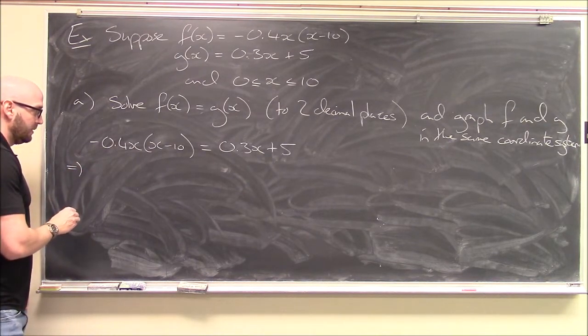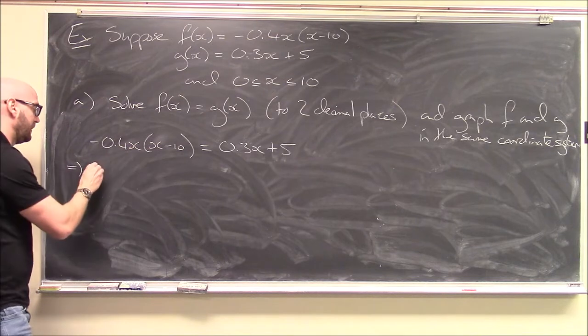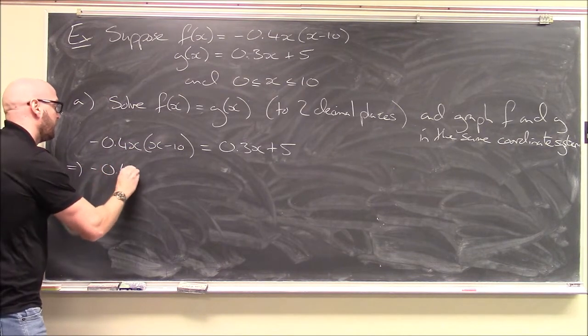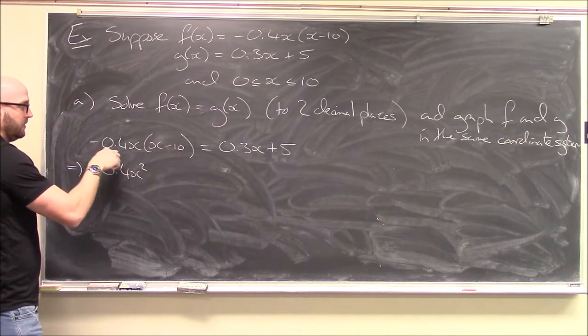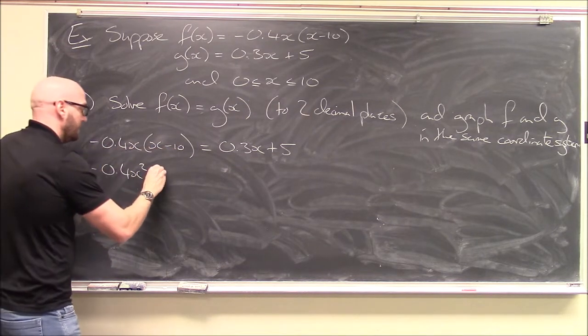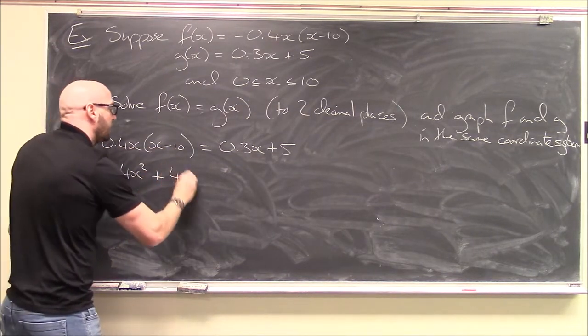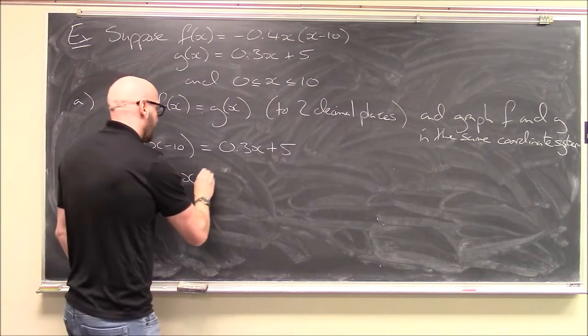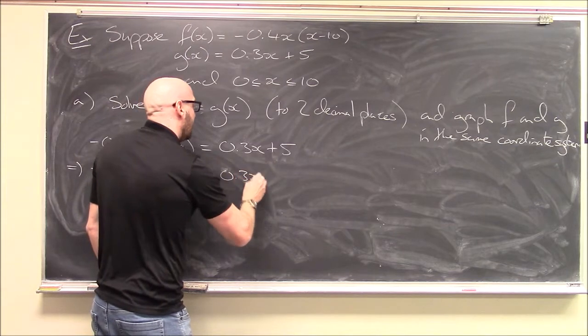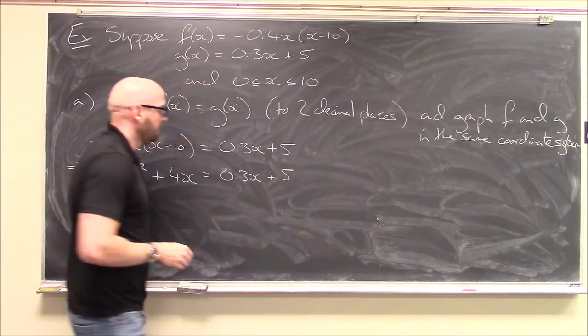So let's see, we want to solve for x. So we'll probably want to expand this side out first. Minus 0.4x squared, minus 0.4x times minus 10 is going to be plus, this one's easy, plus 4x, multiplying by 10 is moving the decimal place. Is equal to 0.3x plus 5.